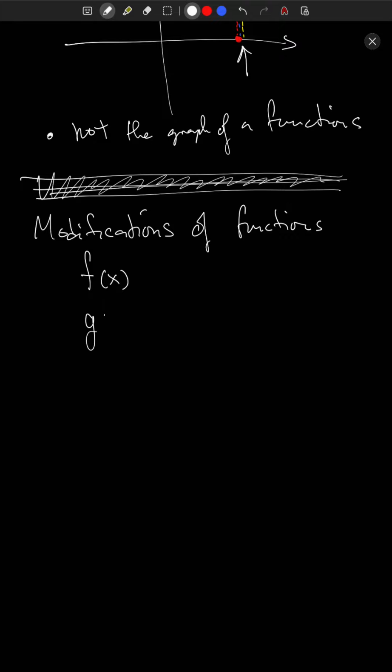So let's create a new function g of x, and the output of g of x is going to depend on the output of f of x. So g of x is equal to f of x plus 3. This is the definition of g of x.